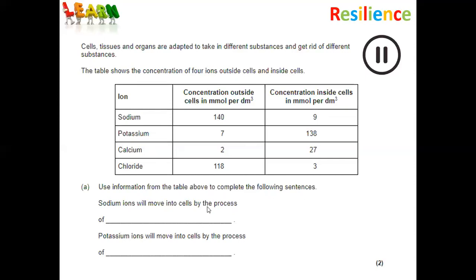And the question says, use the information from the table above, which tells you the answer is here. No, you don't need to guess. Use the table from above to complete the following sentences. Sodium ions will move into the cells by the process of what? And then potassium ions will move into the cells by the process of what?